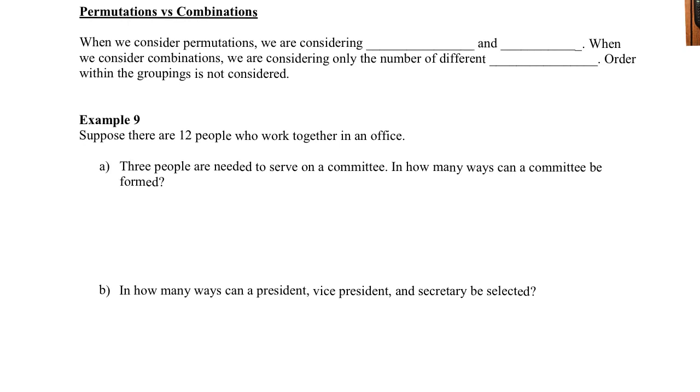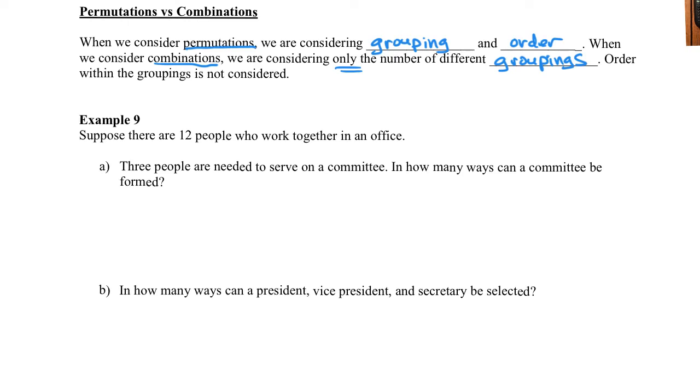With permutations, we're considering grouping and order. When we consider combinations, we're considering only the number of different groupings. Order within the groupings is not considered.